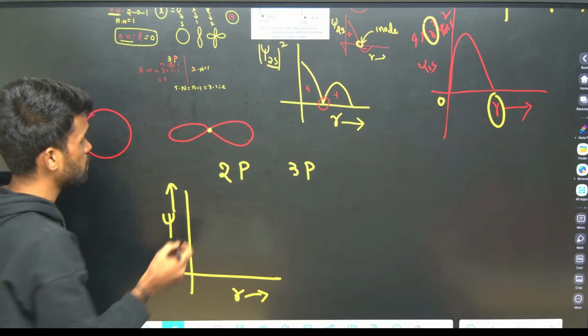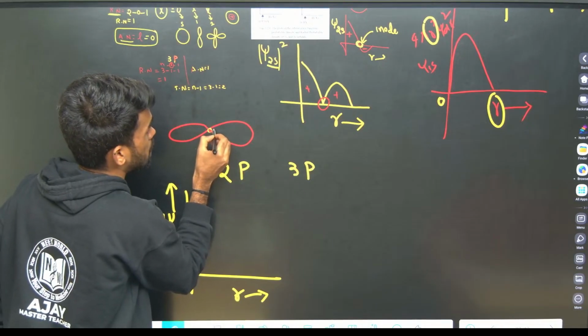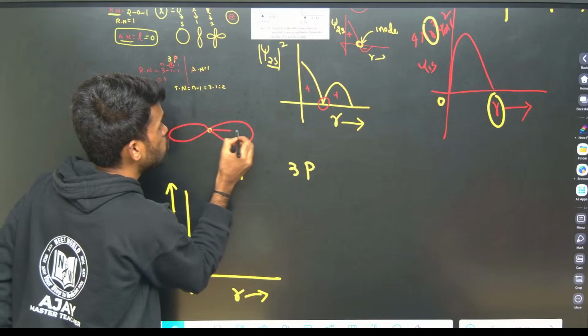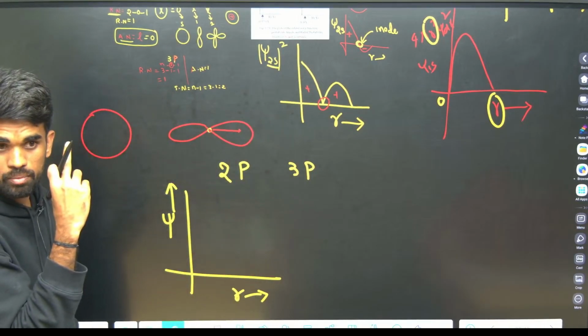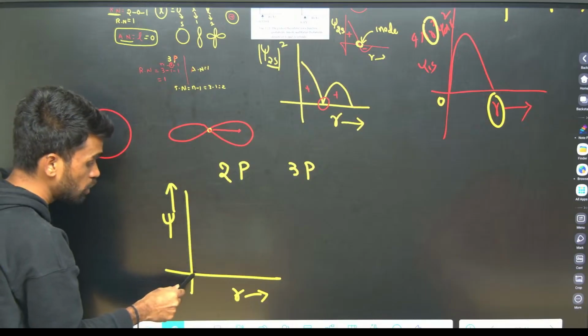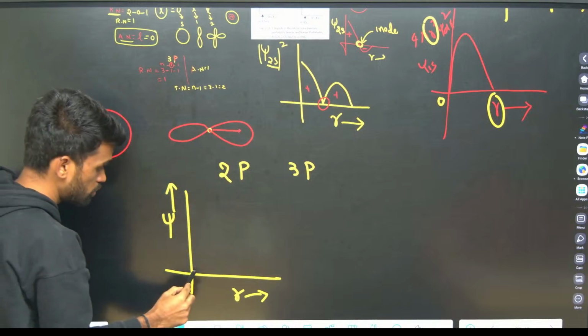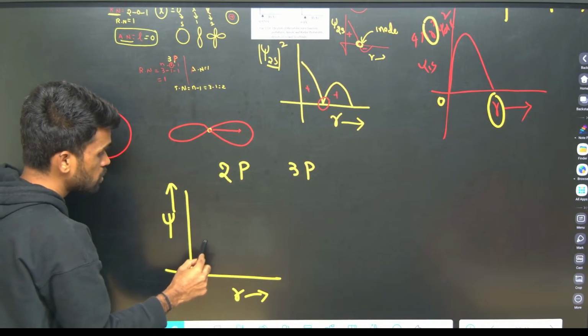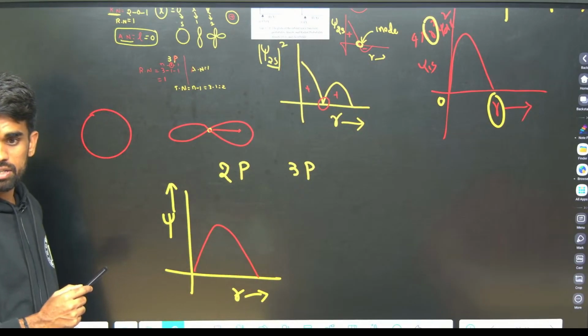At the nucleus or close to the nucleus, the probability of finding the electron is minimum, but as we move away the amplitude is increasing, so probability will be increasing. So at the nucleus, at the starting point it will be minimum or 0. So it should start from here, and go something like this. Is this clear or not?